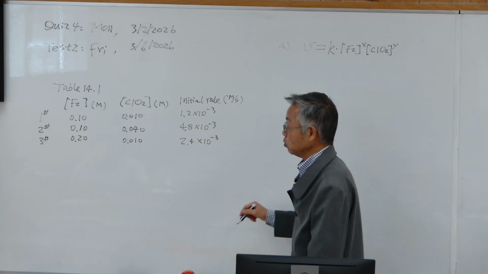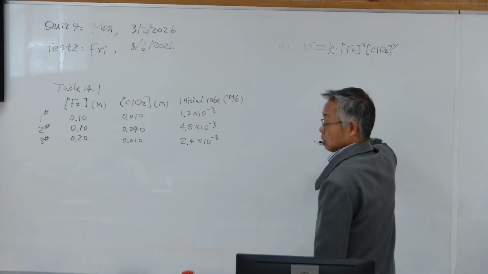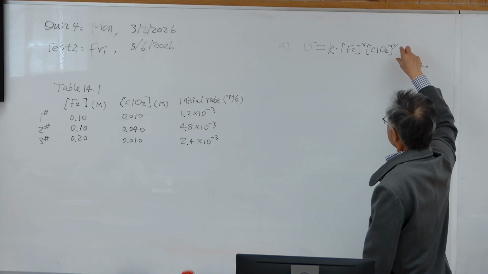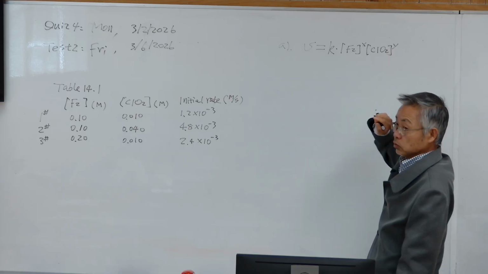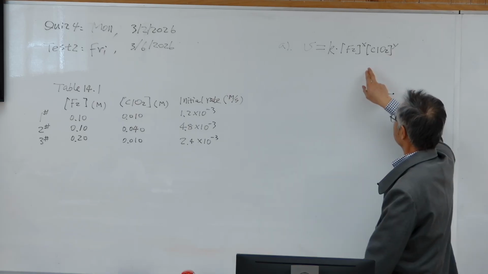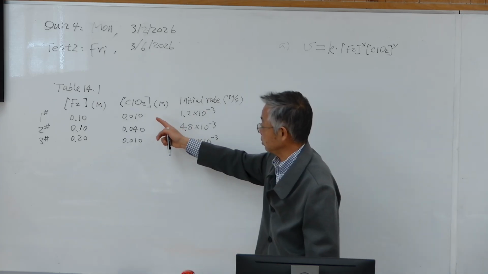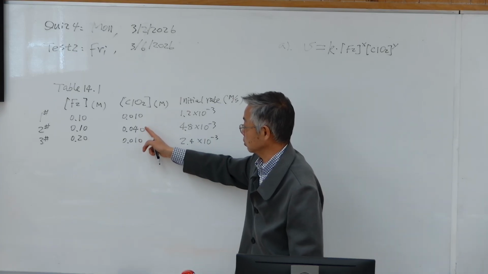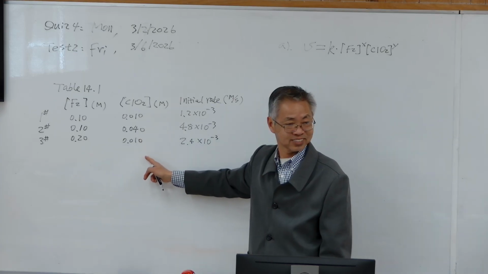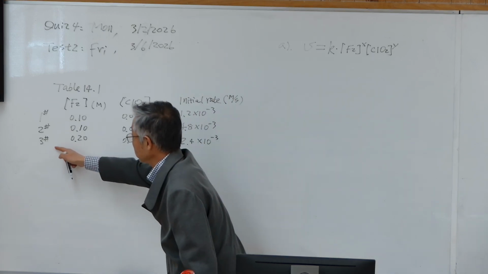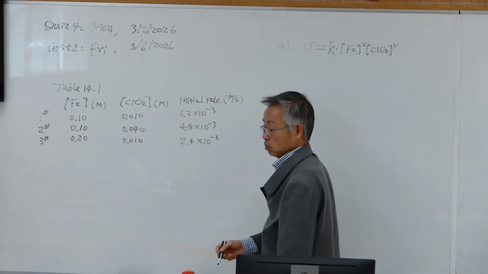So if we want to start with X, then we need to choose 2 experiments with ClO2 concentration unchanged. In this way, Y is constant, right? So clearly you need to choose 1 and 3. ClO2 concentration is the same, right? So choose experiment 3 compared with experiment 1.